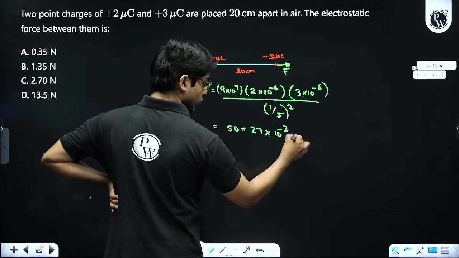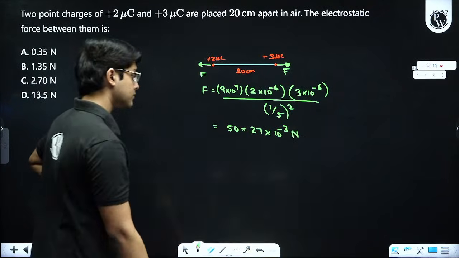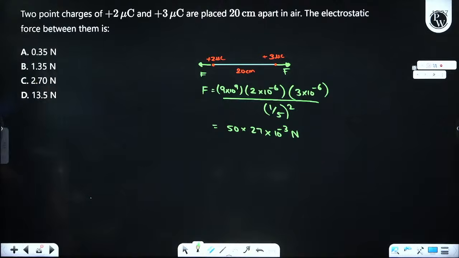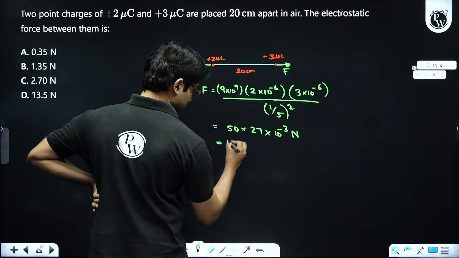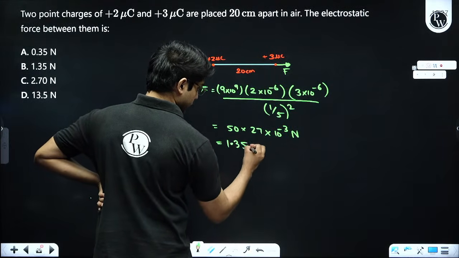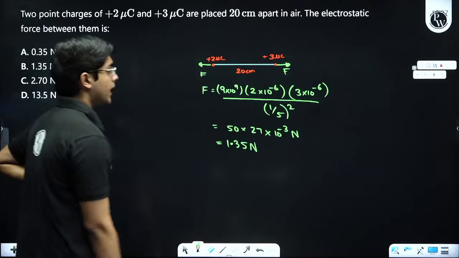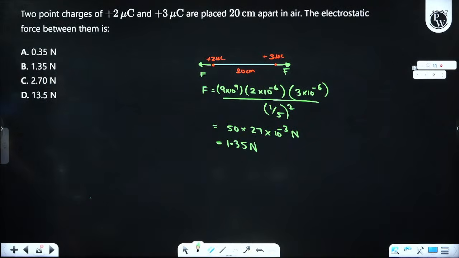It's a force, so the unit will be Newton. So this, I guess, comes out to be option B. 50 divided by 100 is half. Yes, it comes out to be option B, which is 1.35 Newton. So the calculation you guys can do, I am just explaining the concept.